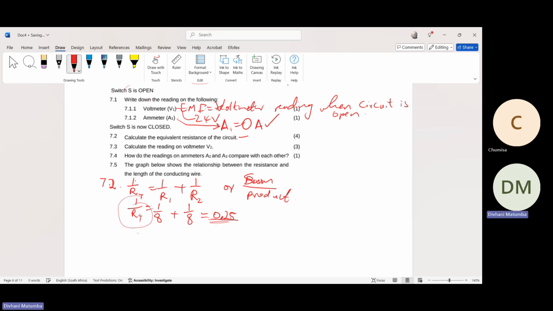Remember, we are calculating 1 over RT. 1 over RT equals 0.25.